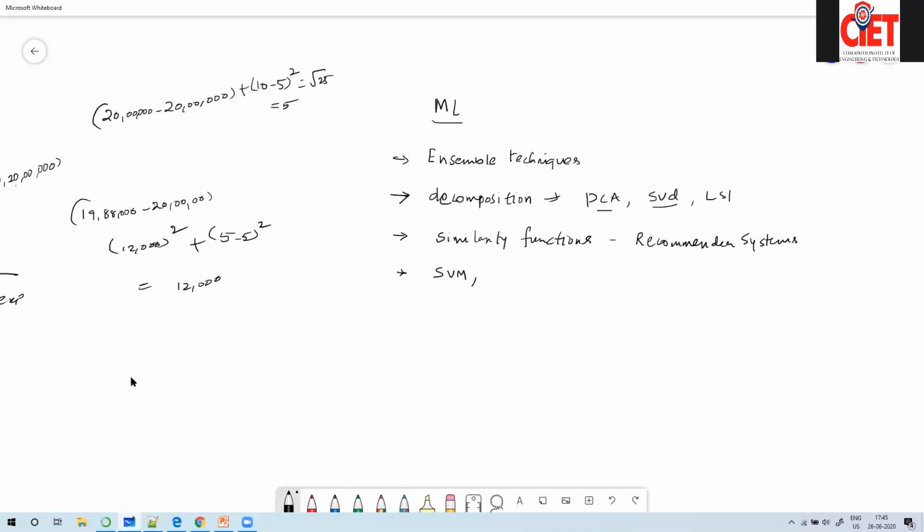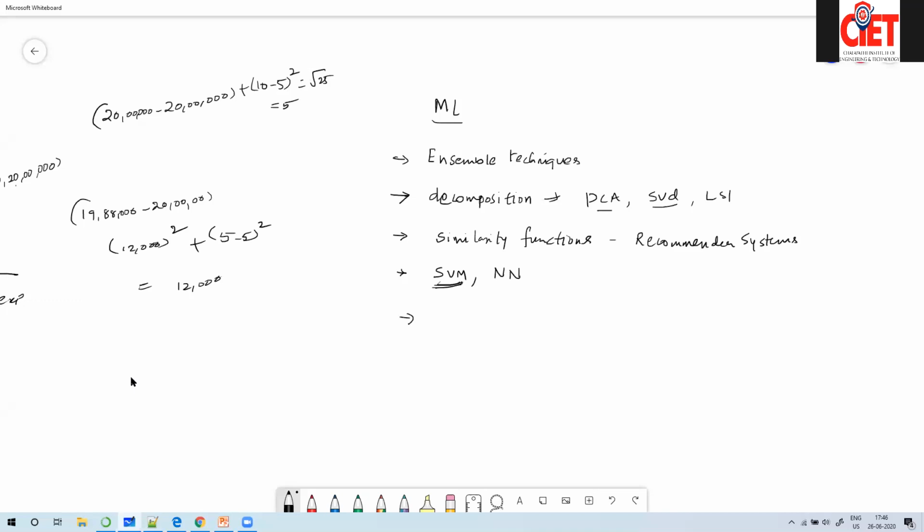Someone asked about an example of a support vector classifier. Unfortunately, I don't have time to give you an example of it as part of this. But if you start with SVM, that's where you would probably come across a support vector classifier. And then you have to understand neural networks.